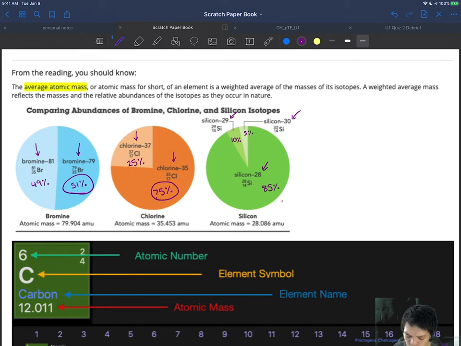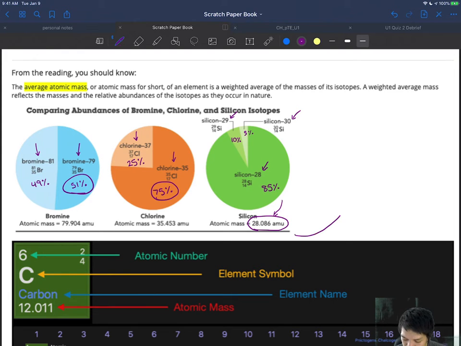So this should be reflected in the weighted average, the atomic mass. Look at the atomic mass of silicon: it's 28.086. This should make sense because there are a lot more silicon-28 atoms. If that is factored into its average calculation, then the atomic mass should be closer to silicon-28.